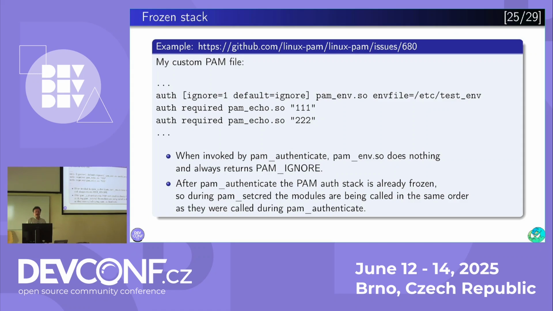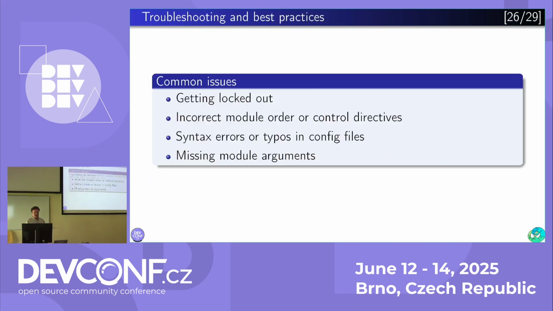And according to this rule, the PAM framework decides that the next line should be skipped. But then, during the pam_setcred stage, it's already decided that the line should be skipped. So it's against the expectation of the person who asked this question, because he didn't know the frozen stack concept exists.